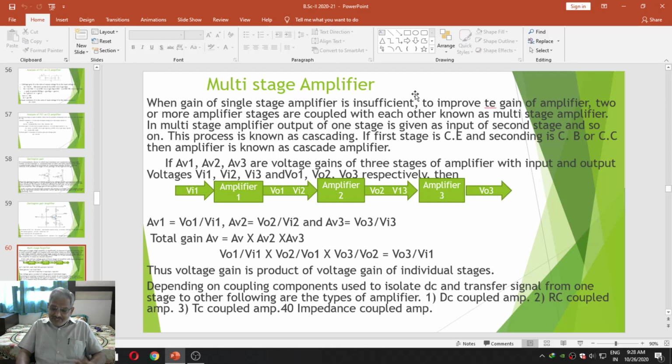These single stage amplifiers which are coupled with each other may be of common emitter type, common base type, or common collector type.